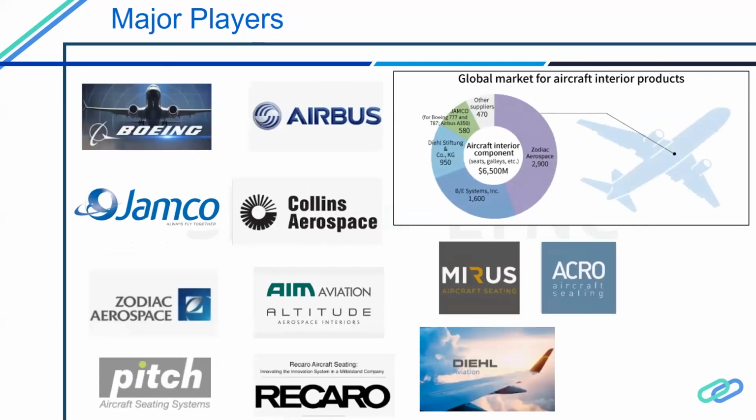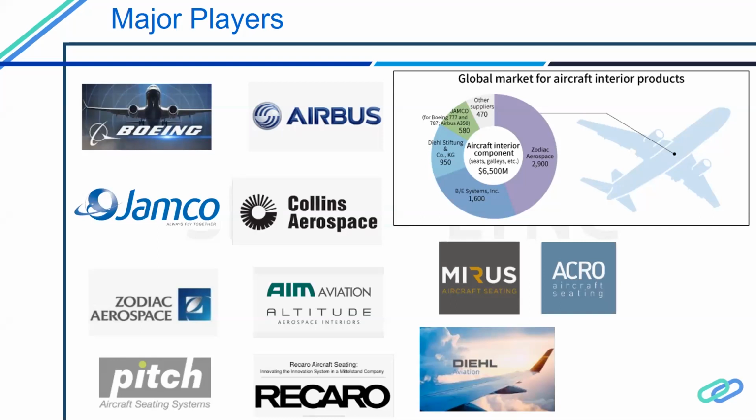Here I have listed the key players involved in making, manufacturing and analysis of aircraft interior products and components. We have many major players here: Boeing, Airbus, and Collins Aerospace, where I previously worked as a project lead for aircraft interior components. We worked on the A350 XWB aircraft.